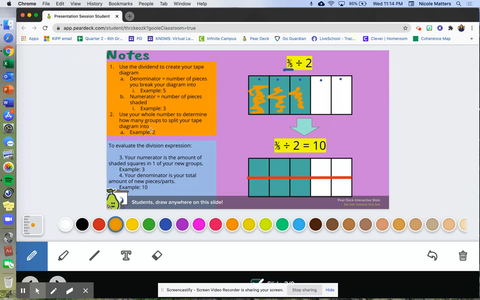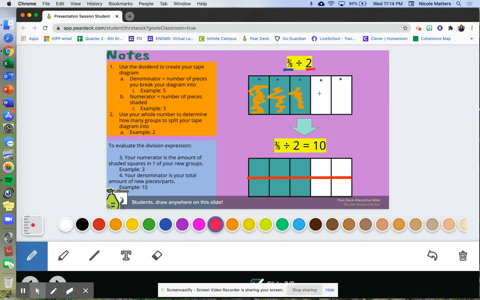Let's see step 2. Use your whole number to determine how many groups to split your tape diagram into. So I have my tape diagram using my dividend. I'm going to use the whole number or my divisor, which I will underline in this pinkish color.